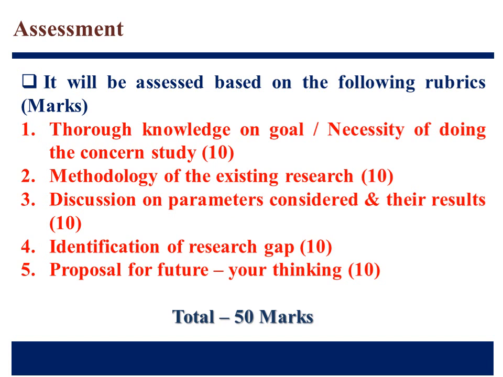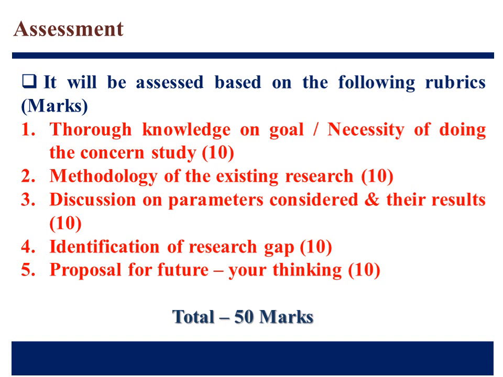And the fourth one, identification of the research gap. You can mention the research gap mentioned in the particular paper, and you should also give your view on that research gap, whether it is really a research gap or whether it really needs to be done. In certain papers you may think that there is no research gap mentioned. That is also fine.